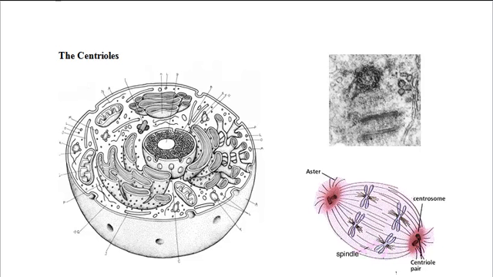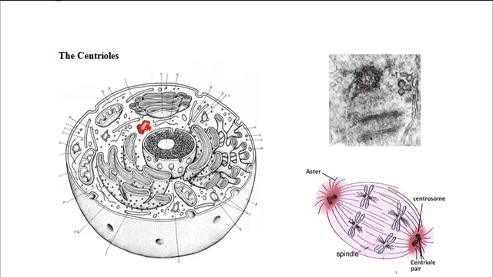Now we're going to talk about a very specific example of microtubules called the centrioles. And the centrioles are these little perpendicular structures. There are two, they always come in pairs, in a perpendicular format.